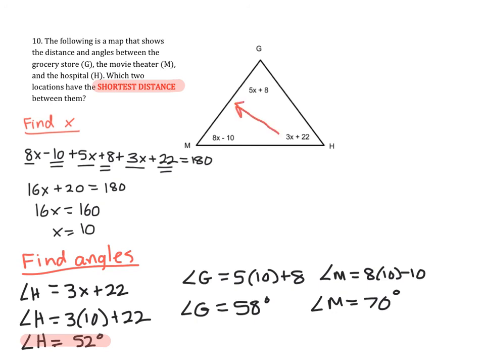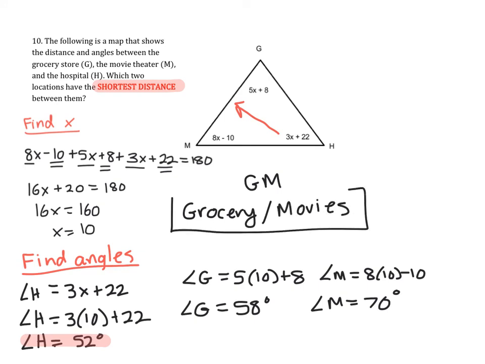So then we have the shortest side. So GM. And that represents the distance between the grocery store and the movie theater. So those are the two locations that have the shortest distance between them because the line segment between them is the smallest.